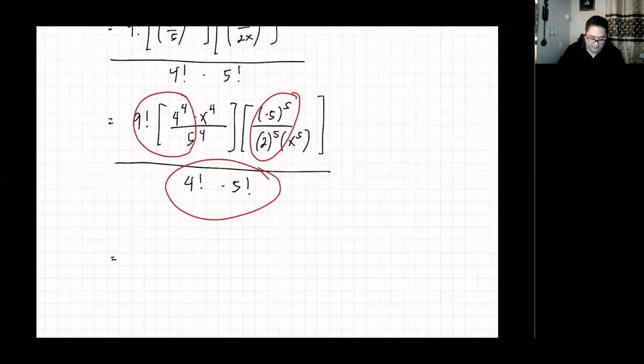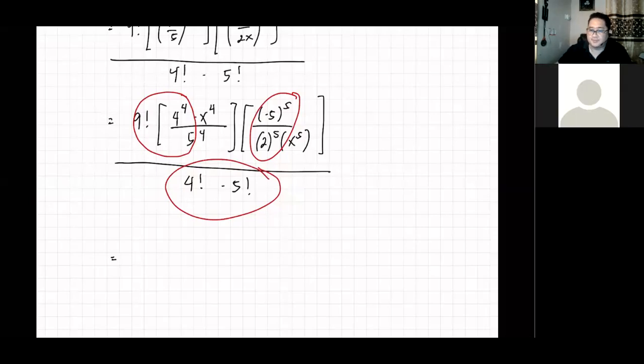Times negative 5 raised to 5 over 2 raised to 5, and then all of that divide by 4 factorial times 5 factorial. Ilan po ang nakukuha nila? 5,040 po. Positive, negative? Negative tayo, no?